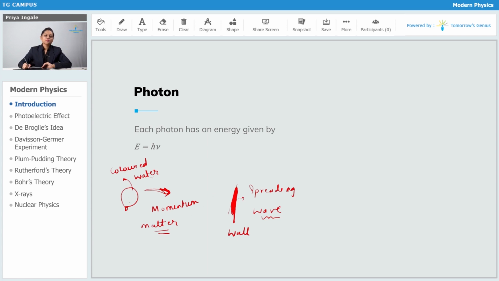Anyways, when I say that the colored water possesses energy, just compare this colored water with the energy, and this energy is enclosed by that balloon; compare that balloon with the photon. So, here there is a photon filled with a certain amount of energy. Now, let me tell you the value of that energy. The value of the energy which is filled is h nu. Now, what is h? h is Planck's constant.